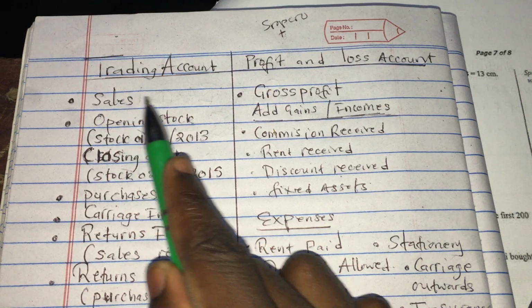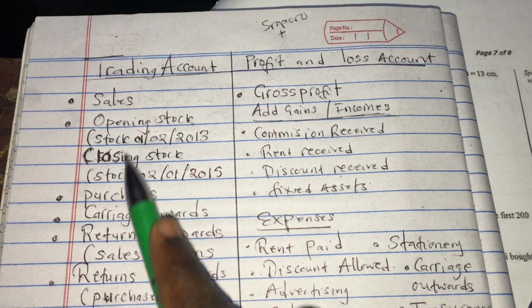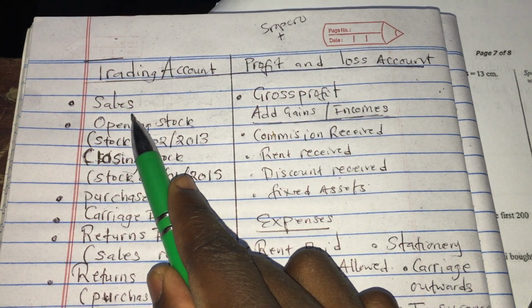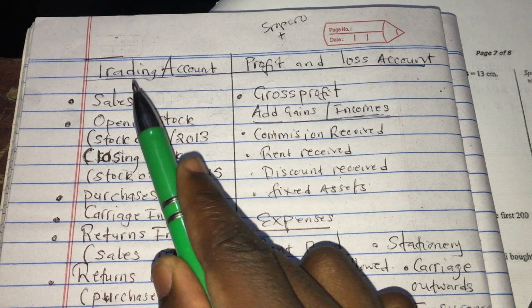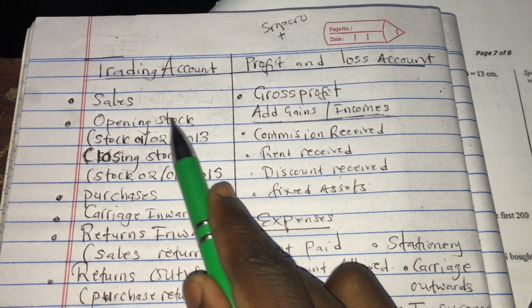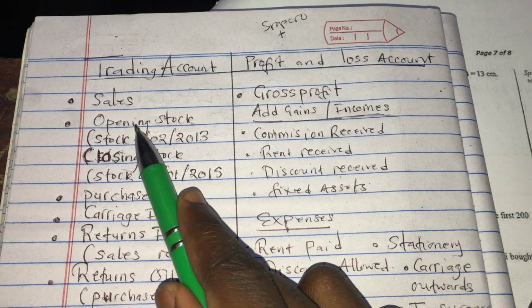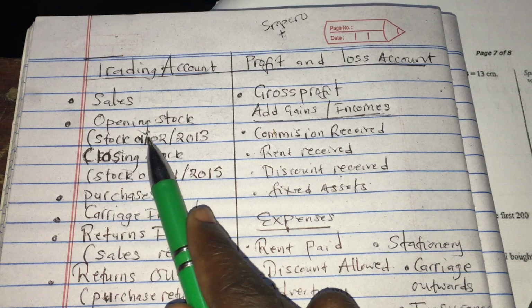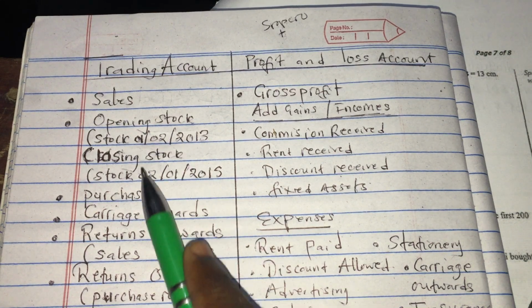All right, so in the trading account, these are some of the items which are involved. The first item, we do have sales. We do have the opening stock, and during examination, they are going to bring dates, two different dates for the stock.